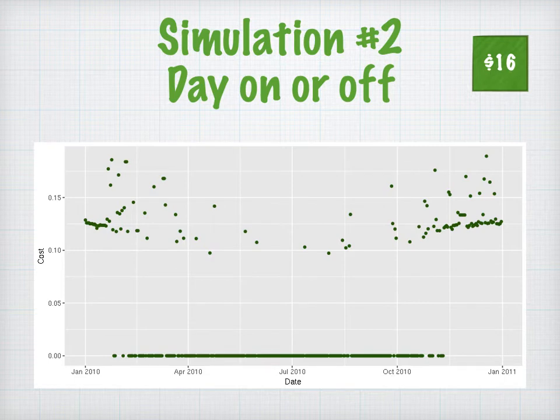Our second simulation examines the situation where we look at the solar radiation forecast for a day and decide whether the lights should be turned on for the entire day or turned off for the entire day. As you can see, on many days the lights are not turned on, which means zero cost, and there are a few days when they have to be turned on.